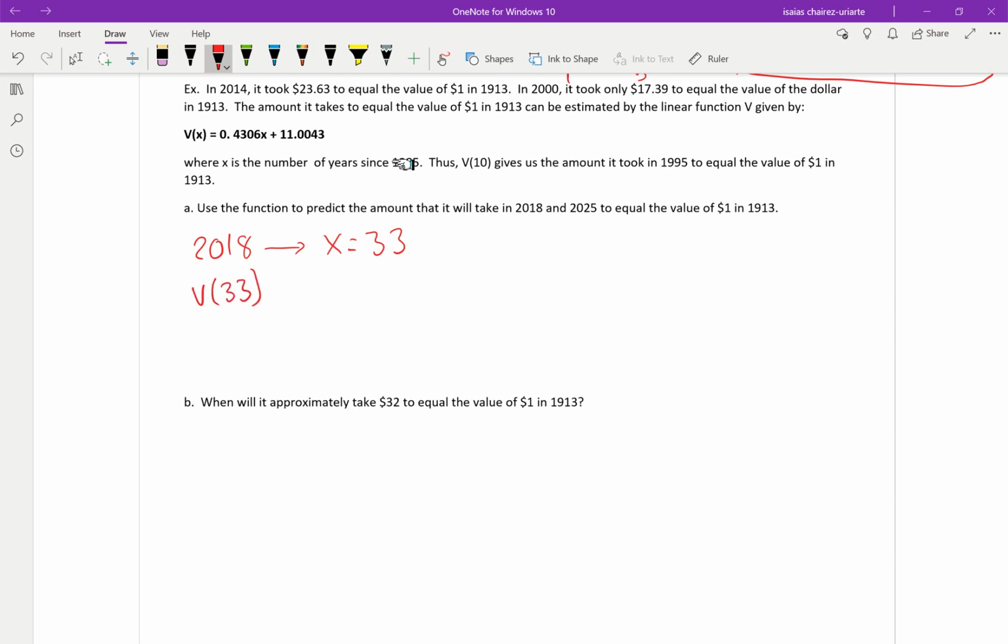Well, that's going to be 0.4306 times 33 plus 11.0043. Let me use my calculator to help me out here.